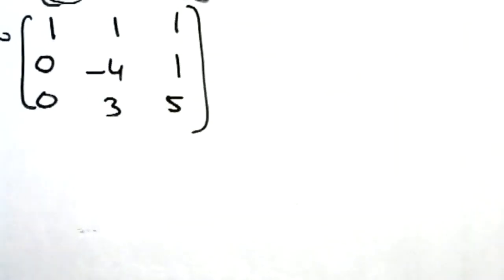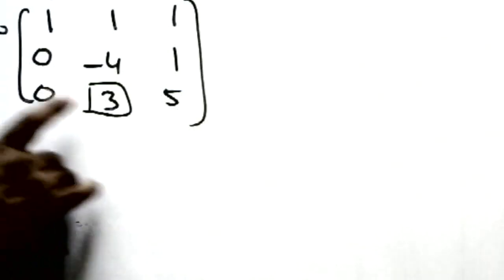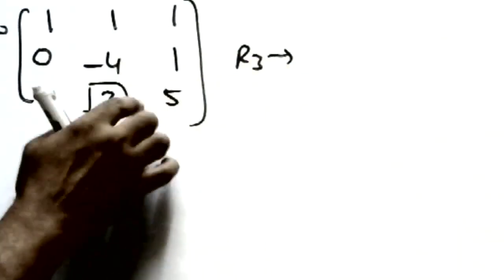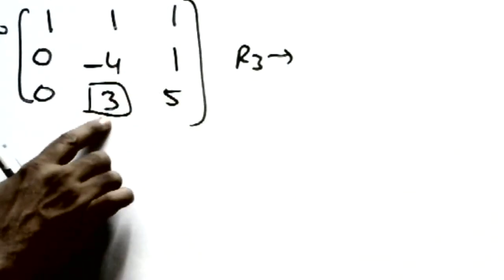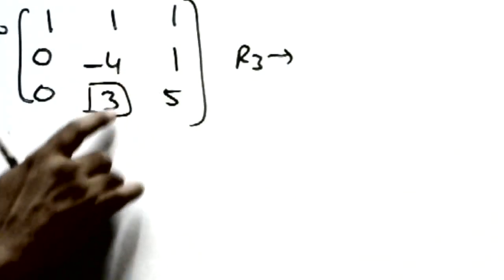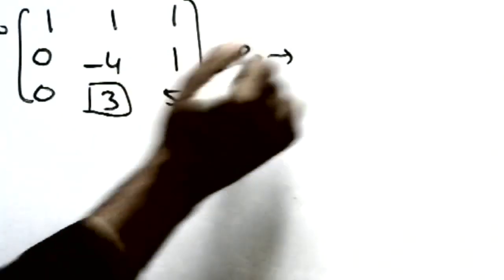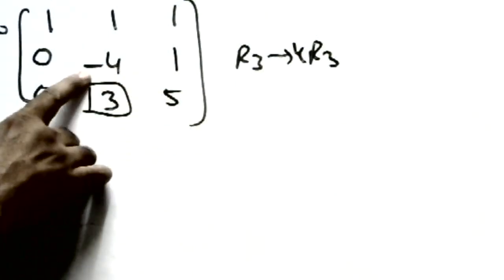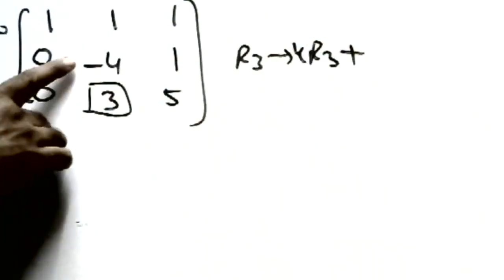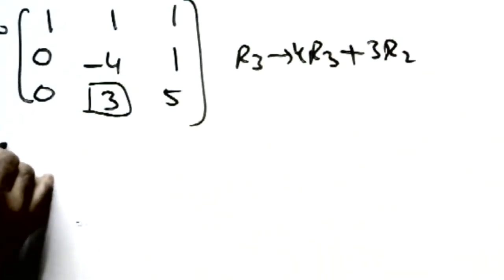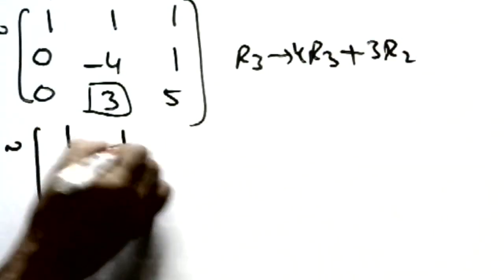Now the next step: to know the rank, we are changing into equivalent form. We have to change this one to 0 as well. So R3 implies we use this minus 4 and this 3. So multiply R3 with 4, and there's already a minus here, so we write plus 3R2.